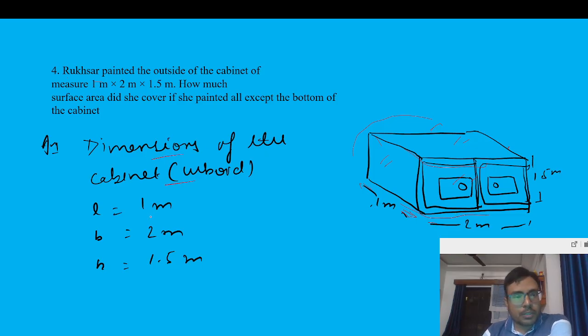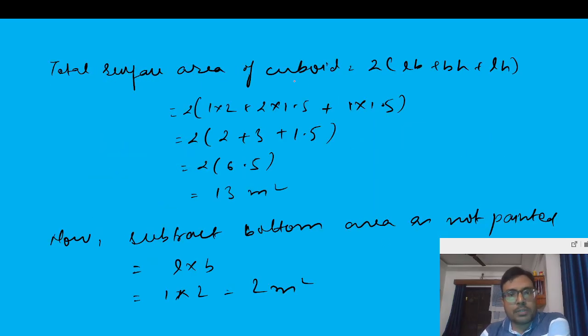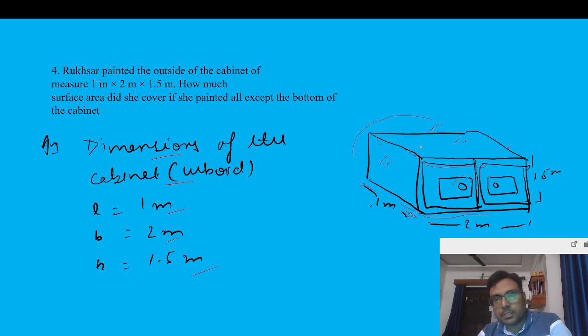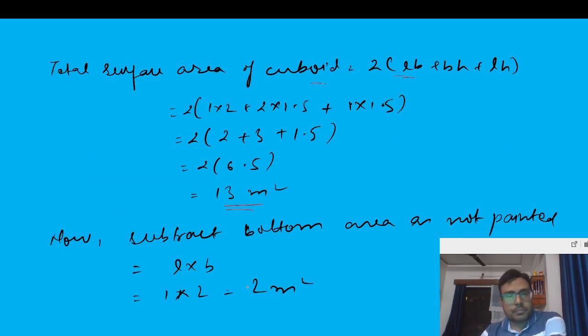Dimensions of the cuboid: length, breadth, height are given. So the total surface area of the cuboid, just apply the formula, will come to 13 meter square. Now subtract the area of the bottom. The area of the bottom is length and width, so 1 into 2, 2 meter square.